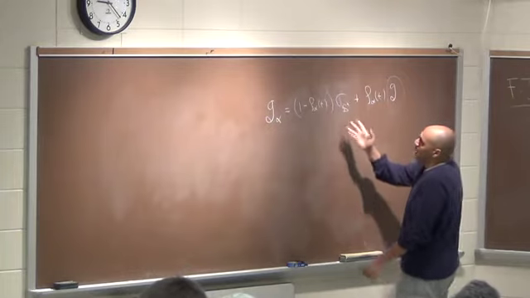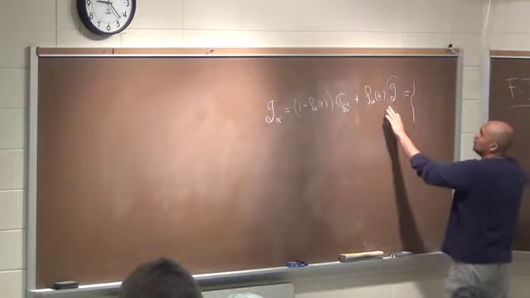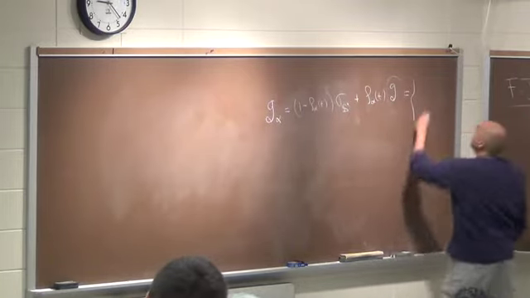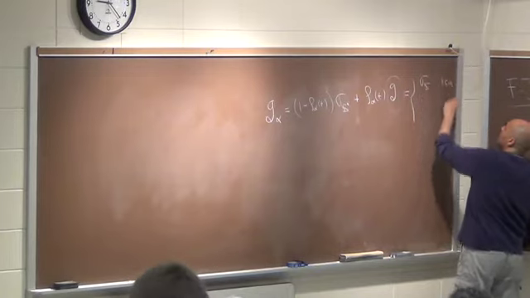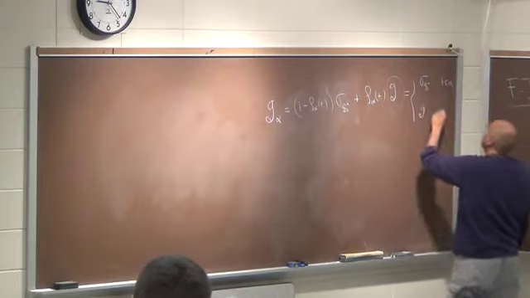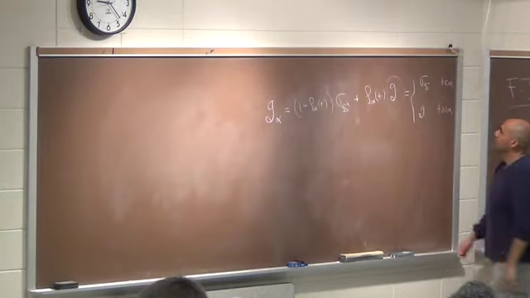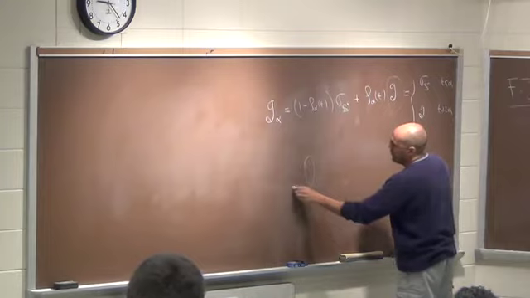So what is this metric? When t is less than alpha, rho is 0, so you just get the round metric. And when t is bigger than 2 alpha, you just get G, this goes away. So now you have G here.